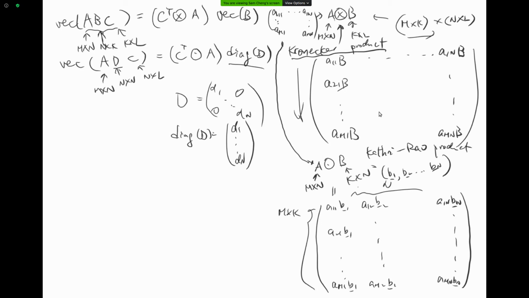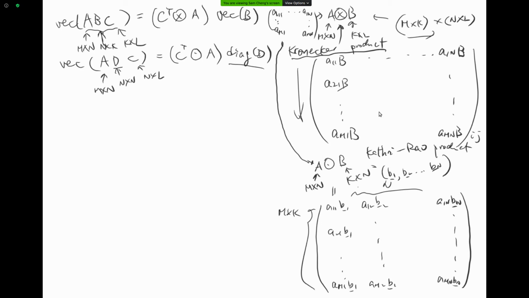And by the way, as you see later on, I will use one very simple property. If I try to figure out what's the ij element of this, let's say the Kronecker product here, I'm sorry, I want to make a slight change here because of the indexing.